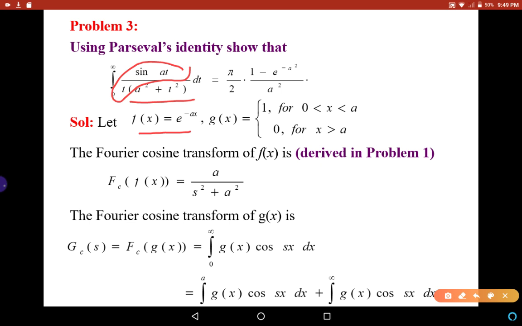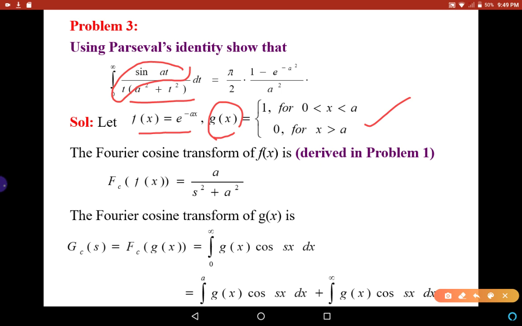So for that we define g of x as this function, because if we derive the Fourier transform for this g of x, we get sin as by s. So with a little practice we can define such functions.